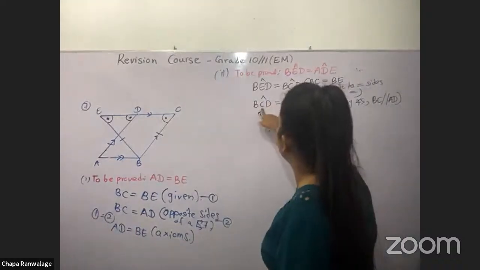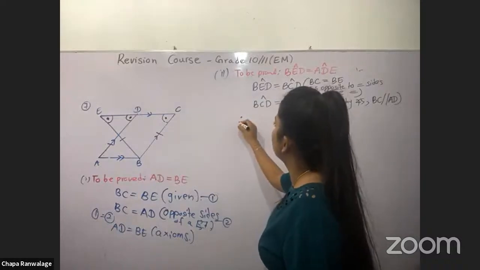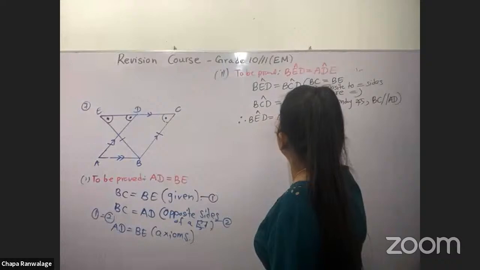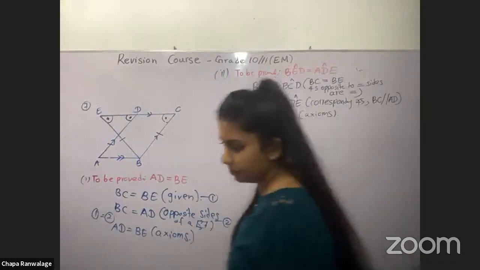Now these two are equal, so these are also equal. Correct? Therefore, BED is equal to ADE, axioms. That's right.